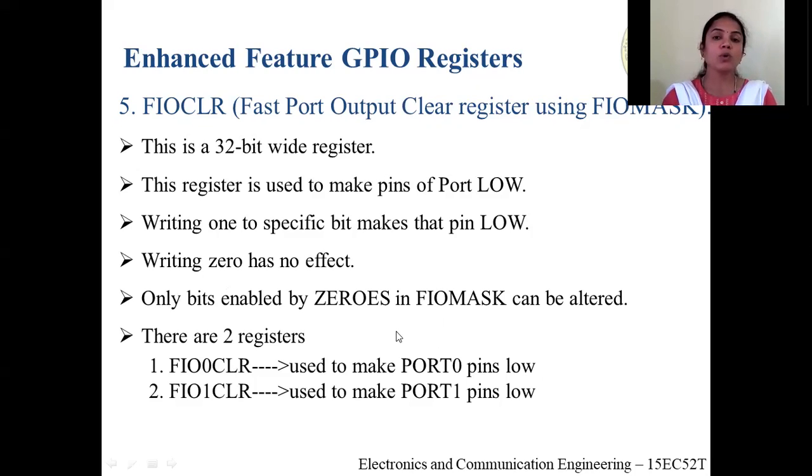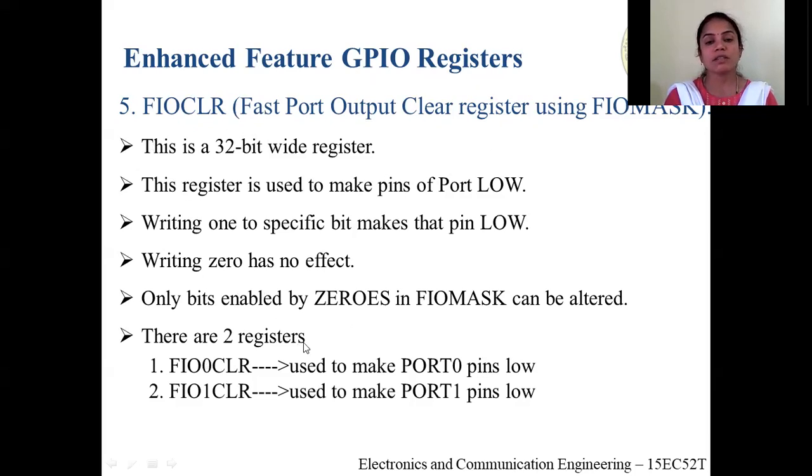So if you want to set value low on any pins of the port, before using FIOCLR, you have to use the FIO mask register to enable those pins by configuring 0.